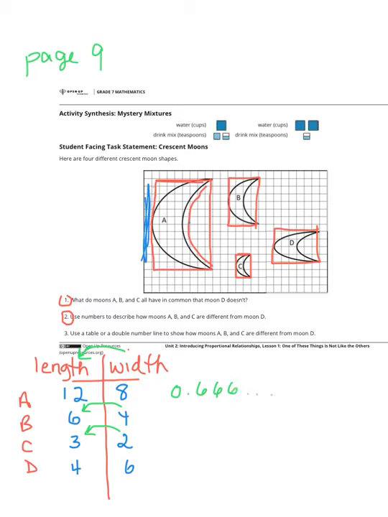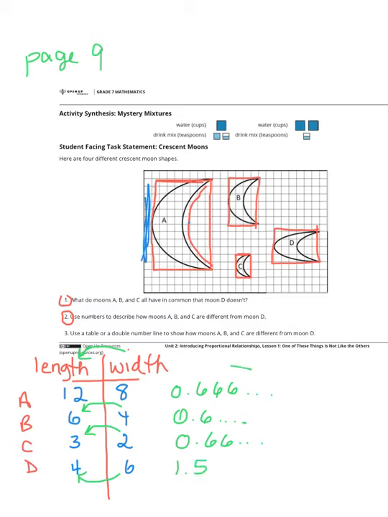The same thing with B, I'd get the same thing, 0.6 repeating. Same thing with C, I'd get 0.66 repeating. Those are all the same. But if I divided in D, I would get 1.5, which is a different ratio.